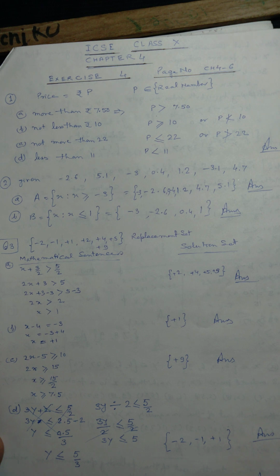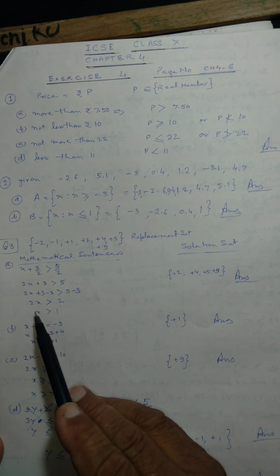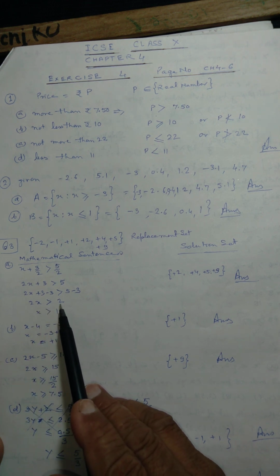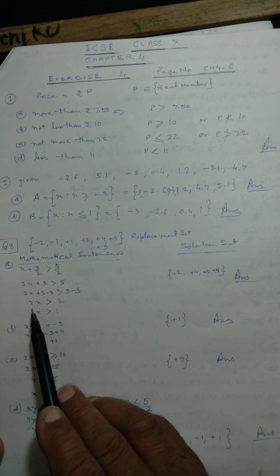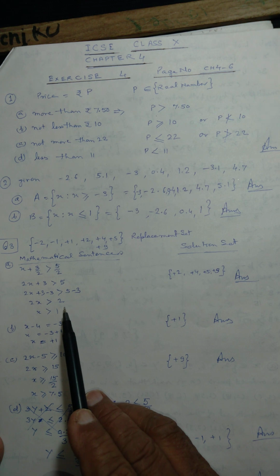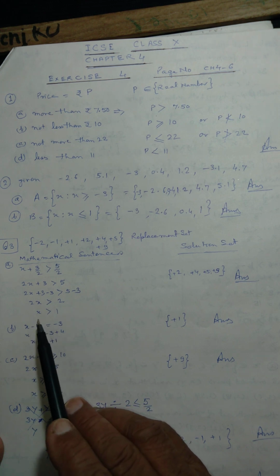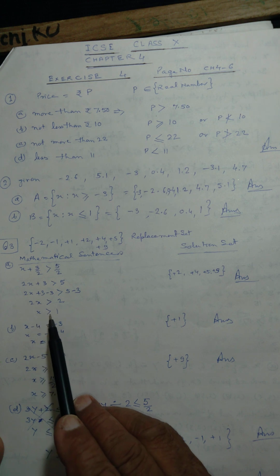So ultimately we are getting 2x greater than 2. Again, divide by 2 on both sides, and 2 is positive, hence the sign of inequality will not be changed. So x is greater than 1.